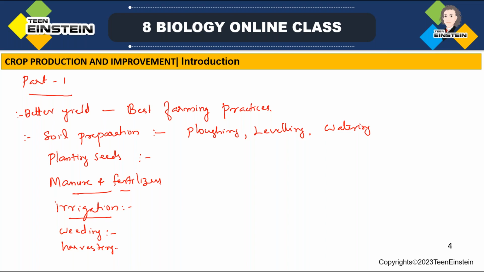If we harvest at a premature stage, that won't give the best quality, and from this harvest we take seeds for the next crop, so that is also not possible with a premature one. And if it is over matured, or if you keep it in the field itself after the harvesting days, germination may start, right? The seeds inside may germinate. That is also not good. So right time harvesting is another important one.